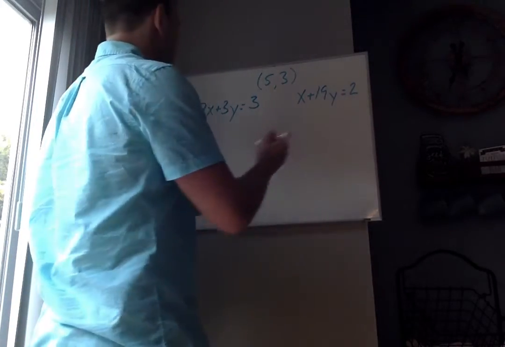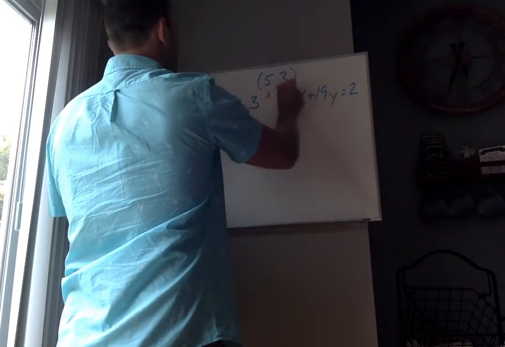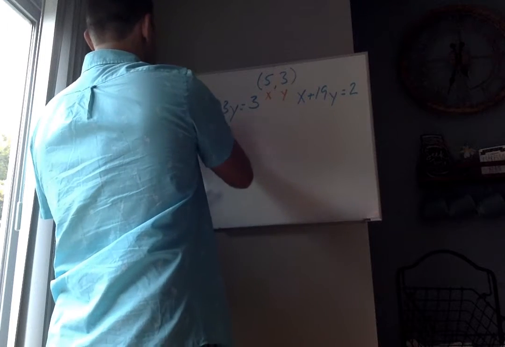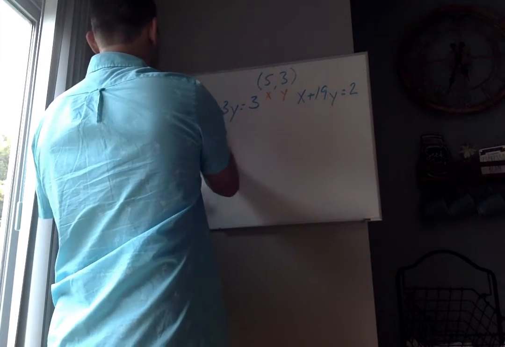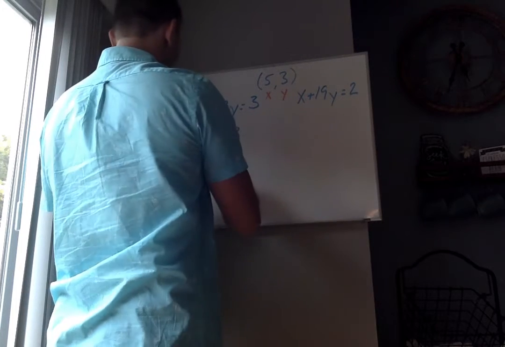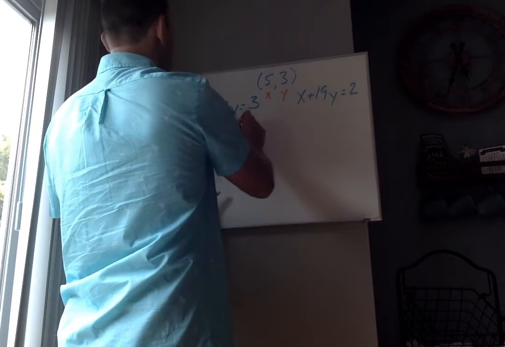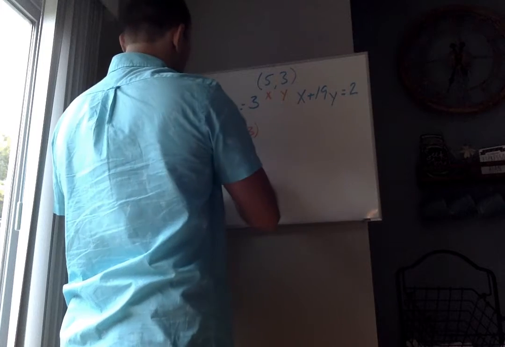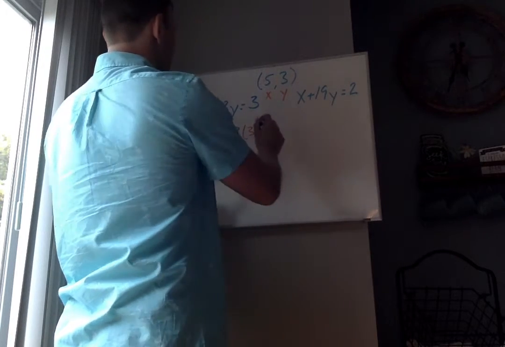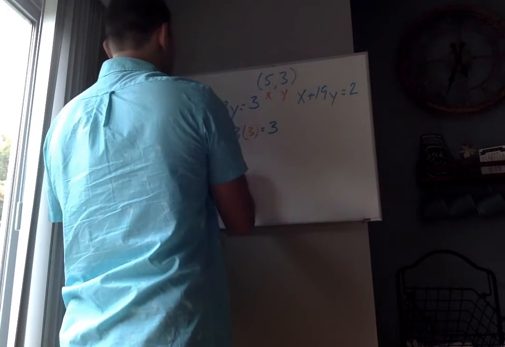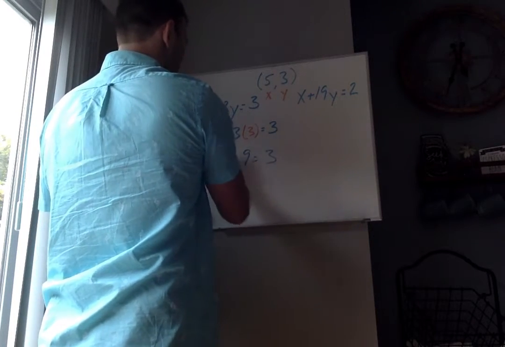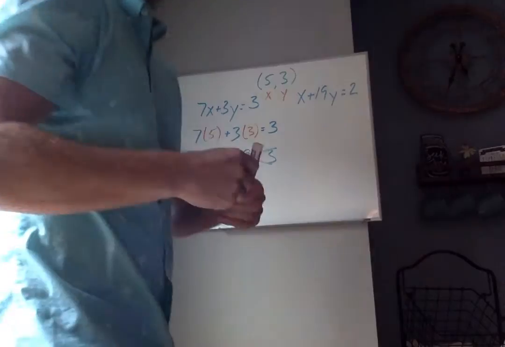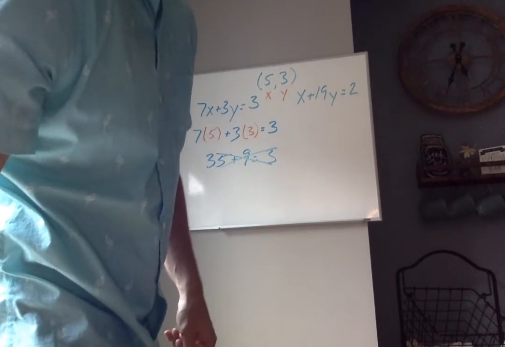So I'm going to label this point as x, y. So I'm going to have 7 times 5, well that's 35. And y is 3. So I'm going to have plus 3 times 3. And does that equal 3? And that again is no. 35 plus 9 does not equal 3.